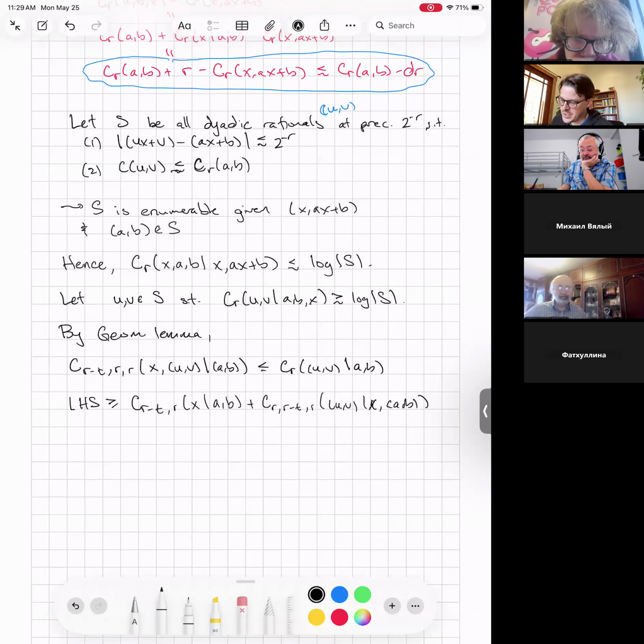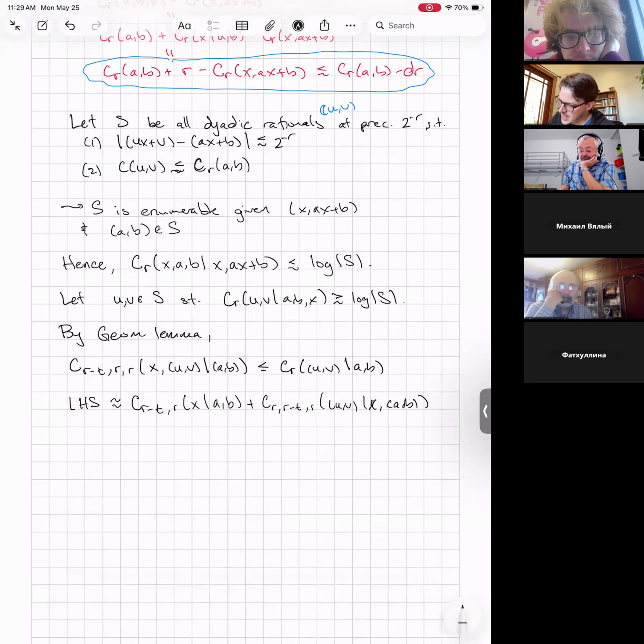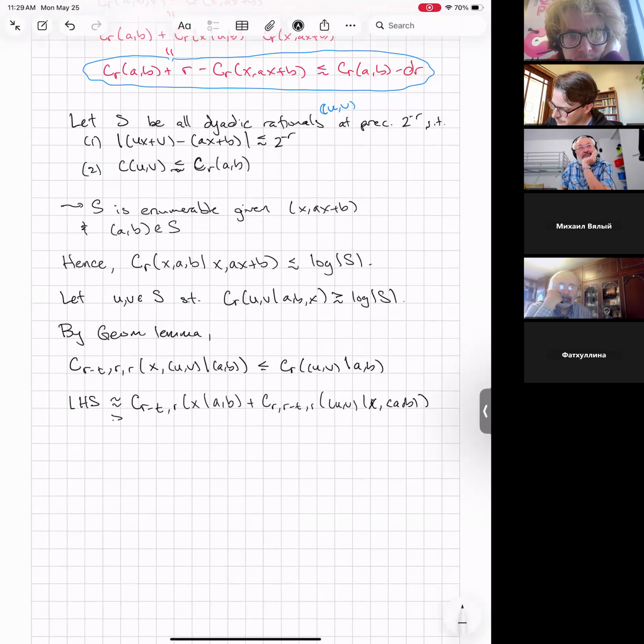So I applied symmetry of information to the left-hand side. This is actually just equality. And now, by my assumption on x, x was random relative to a, b, so conditioning on a, b does nothing. This is still maximal, r minus t. And now the complexity of u, v given x and a, b: the way I chose u, v was that this was at least log of the cardinality of S.